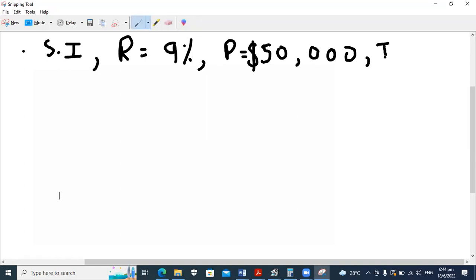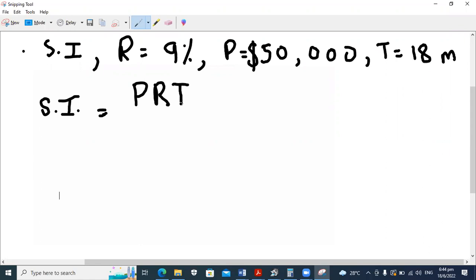So the time would have been 18 months. So what's the formula for simple interest? Isn't it PRT over 100, don't you?